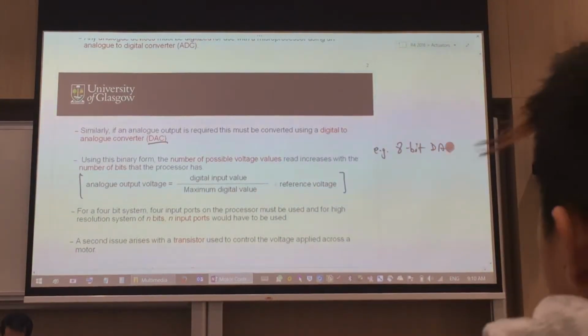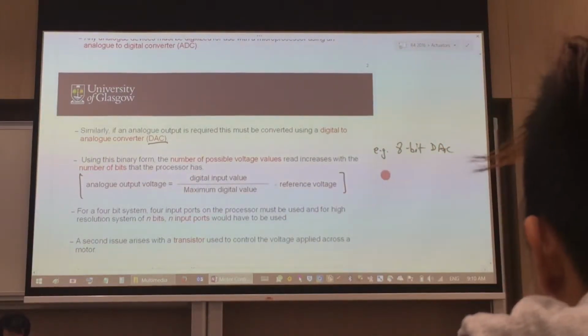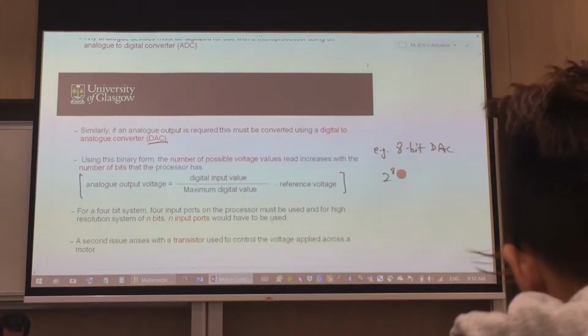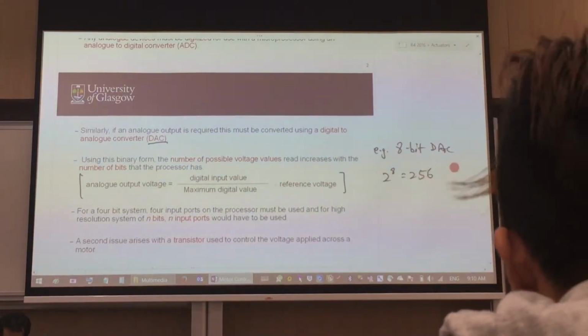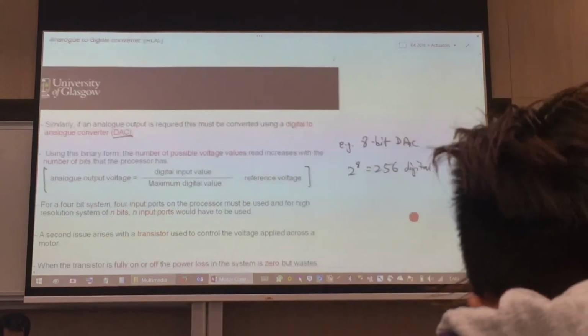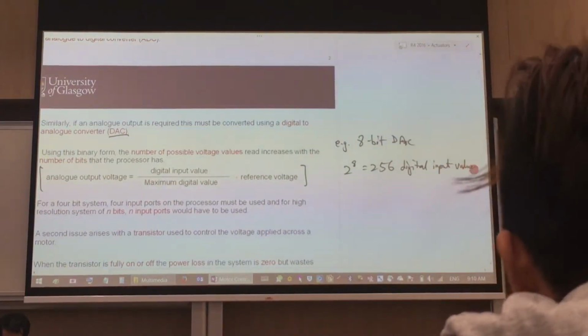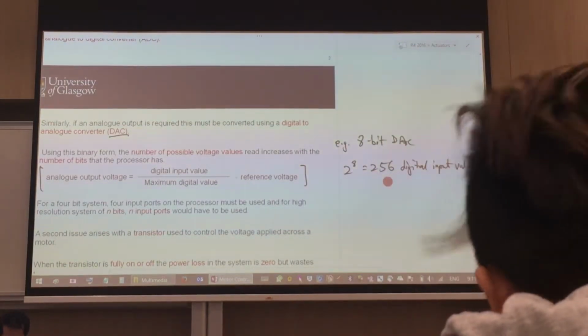It's not very high, it's about 8 bits. So 8 bits will give you 2 to the power 8, or 256 digital input values.